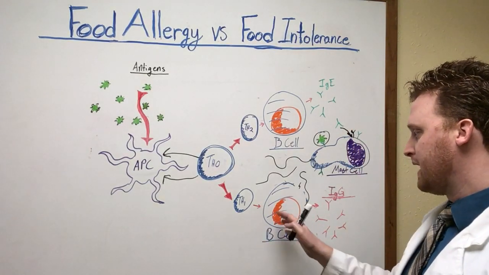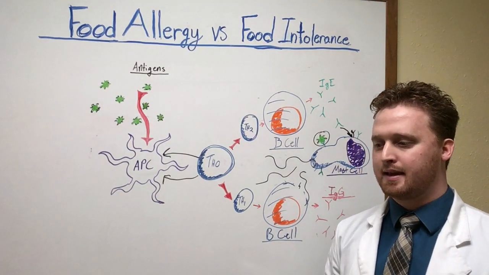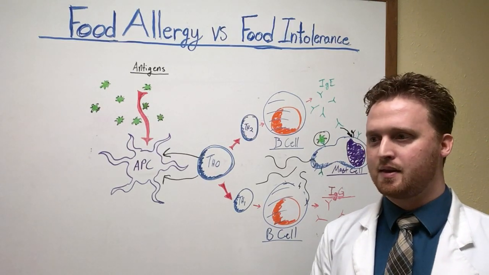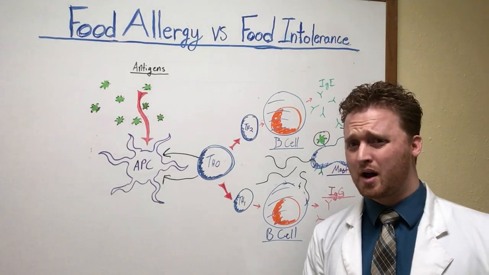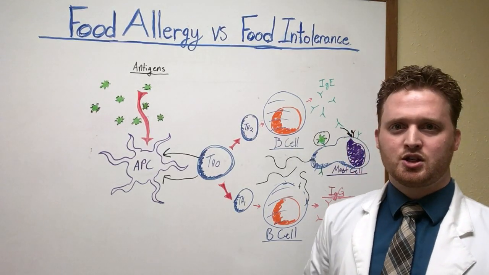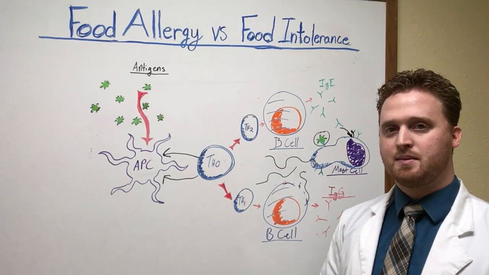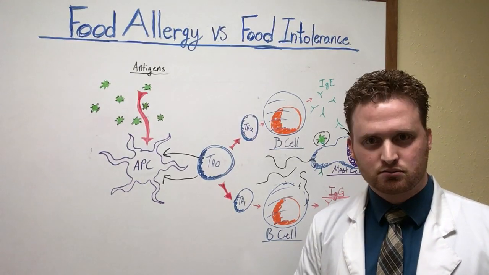The Th1 will bind to B cells and produce IgG. Of all the immunoglobulins, IgG is the most predominant, about 80 or 85% in the body, and it's protecting the body. So when food or certain allergens are presented, it's just a protectant.